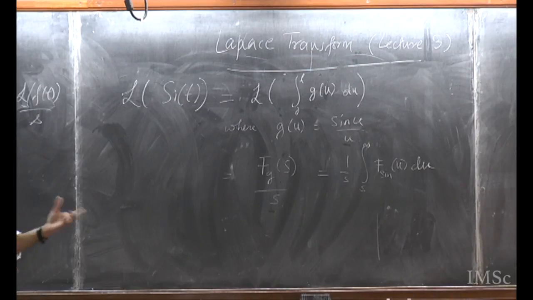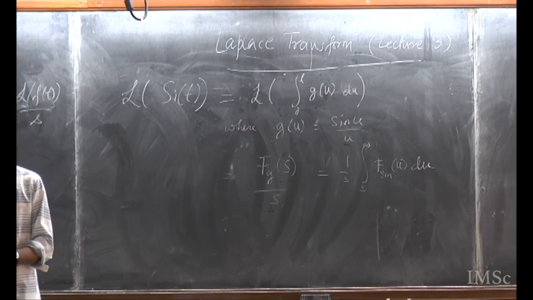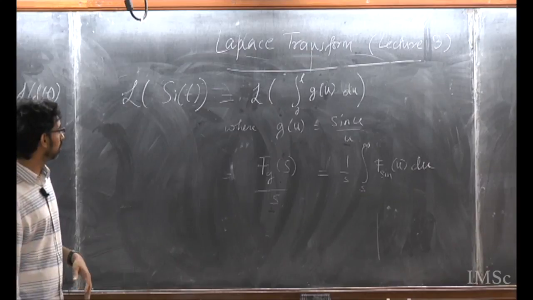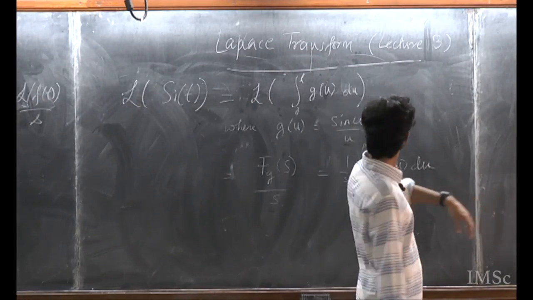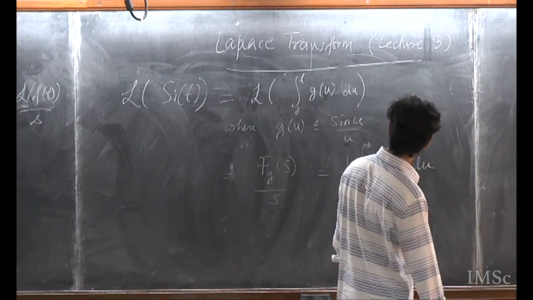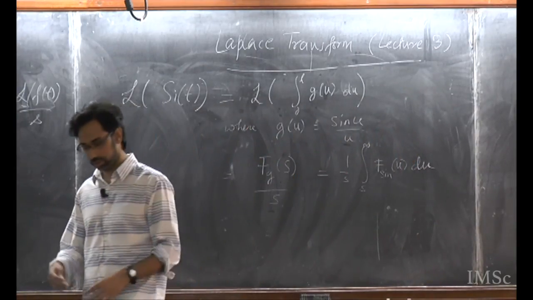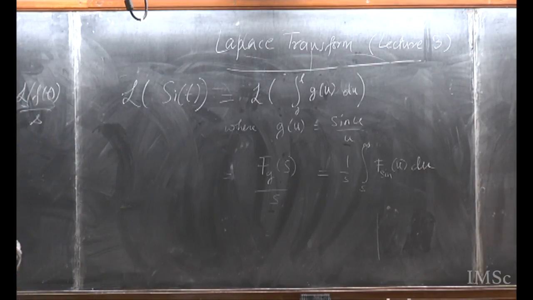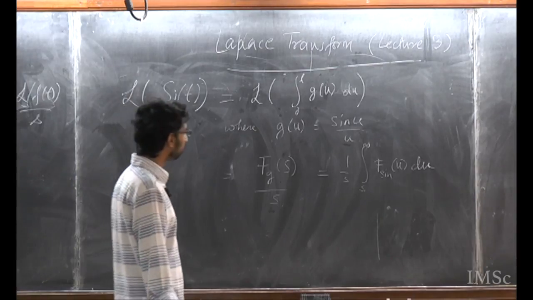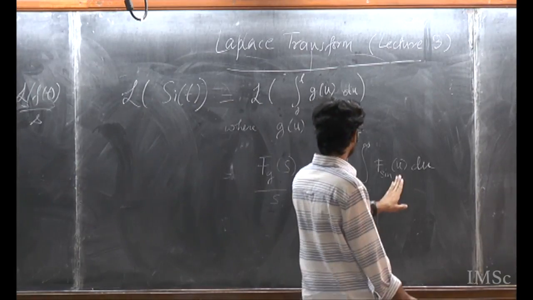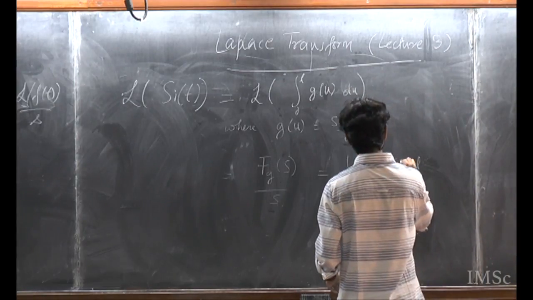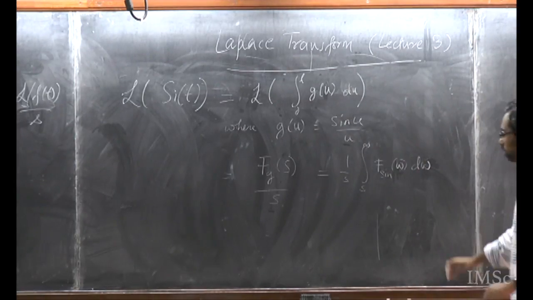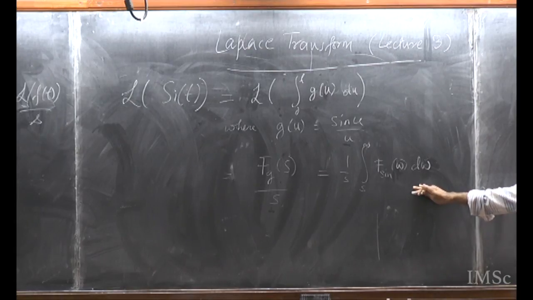As convention, usually we put t on the left, s on the right. Okay, so if you are getting confused with u, well, I also used u for the integral on the right, but it doesn't matter. Okay, you can use anything you like. So let me not use u here. Let me use w. This is an integration parameter. Okay.